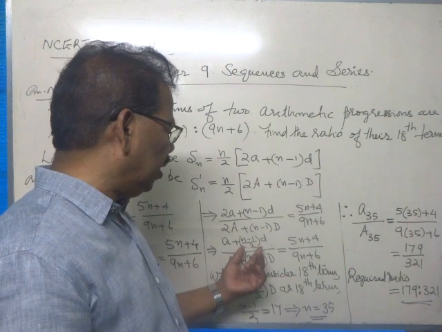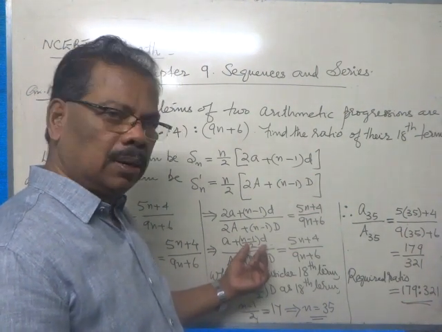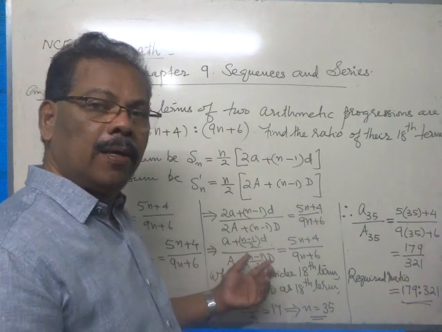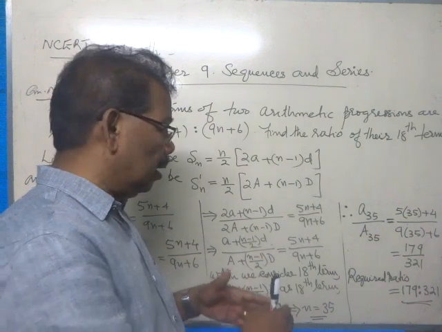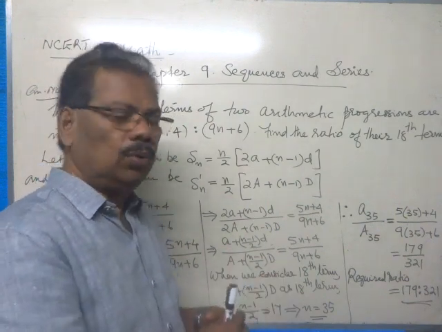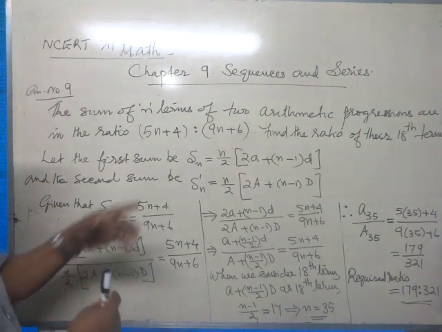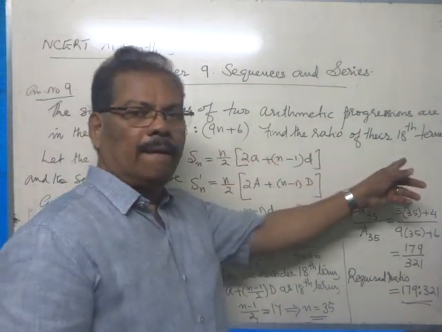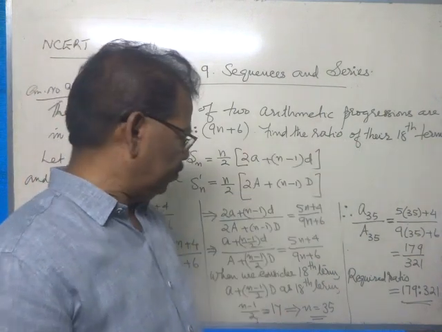Similarly, a plus (n minus 1) by 2 d is, in this case, the 18th term. How? It is asked in the question, find the ratio of the 18th terms.